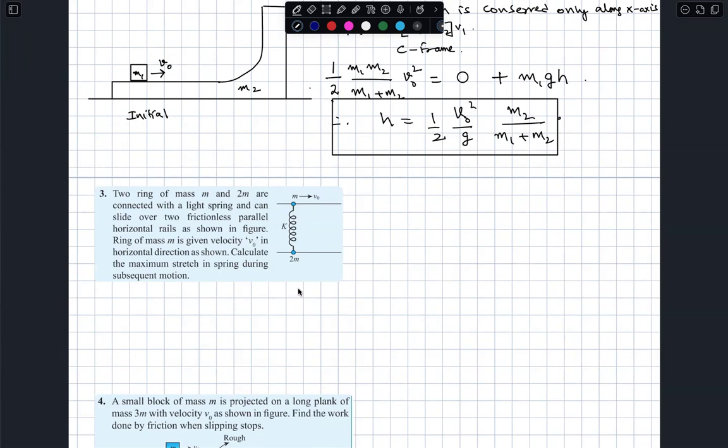Please try to understand, when do we say that the spring is under maximum stretch? Simple. Suppose at some point of time, the spring is under maximum stretch. You know what happens at that time? This will attain V1 velocity and this will attain V1 velocity. In this case, the spring will not stretch further. This is the condition for maximum stretch.